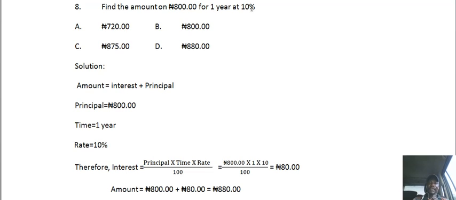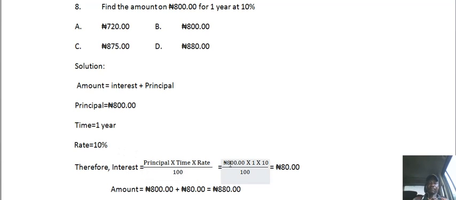So we are paying at the rate of 10% at the end of 1 year. Therefore interest is equal to principal times time times rate, and rate is in percentage, which is over 100. That's why you have this over 100 here.